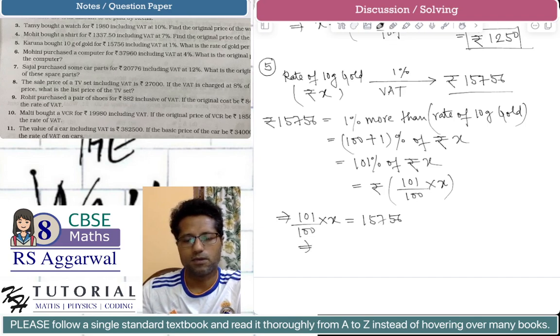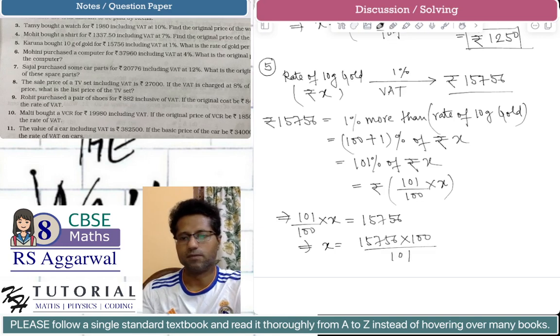This implies X is equal to 15,756 multiplied by 100 divided by 101.